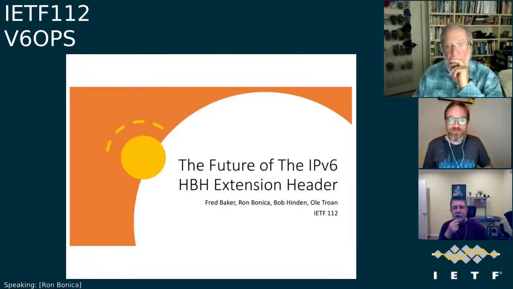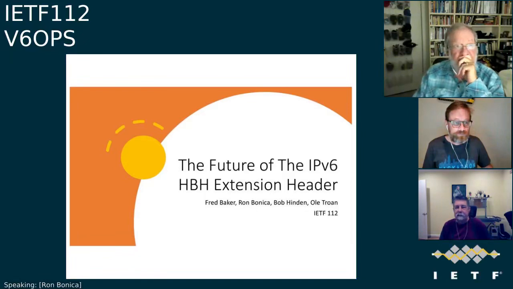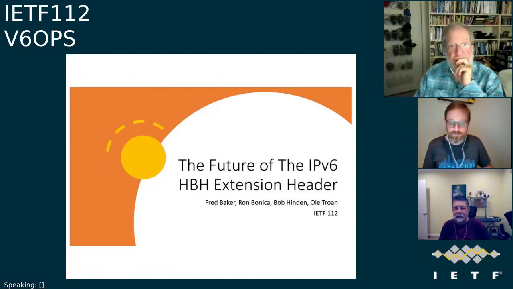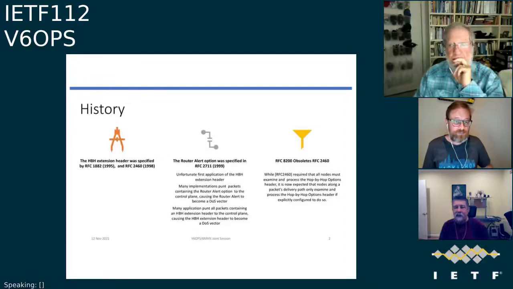Okay. Good morning, all. And we're going to talk just for a minute or two about the goals of this meeting and how we got here. First, a bit of history. The hop-by-hop extension header has been with us forever.